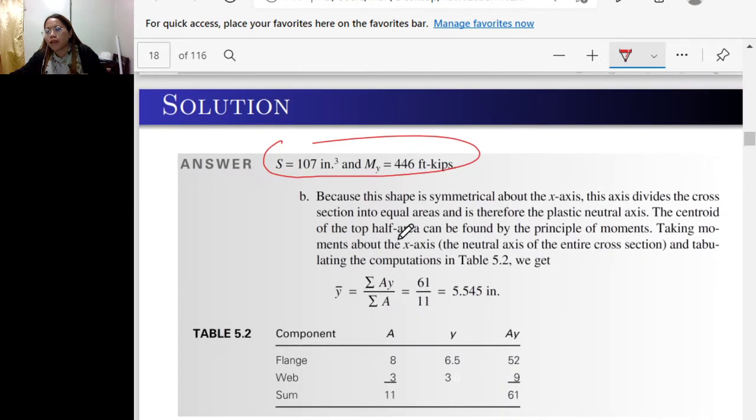So the centroid of the top half area can be found by the principle of moments. Taking moments about the x-axis, the neutral axis of the entire cross-section, and tabulating the computations, we get this y bar, the value of the centroid of the half.